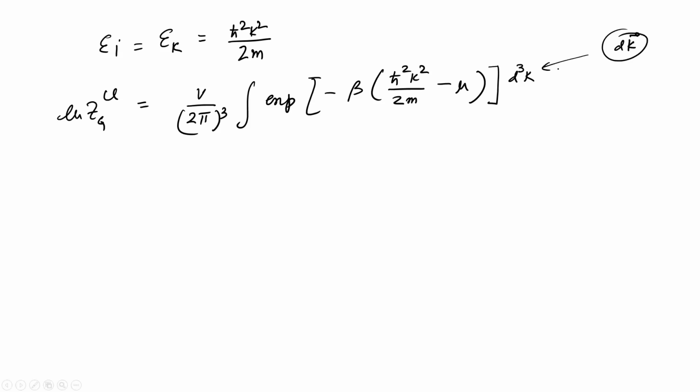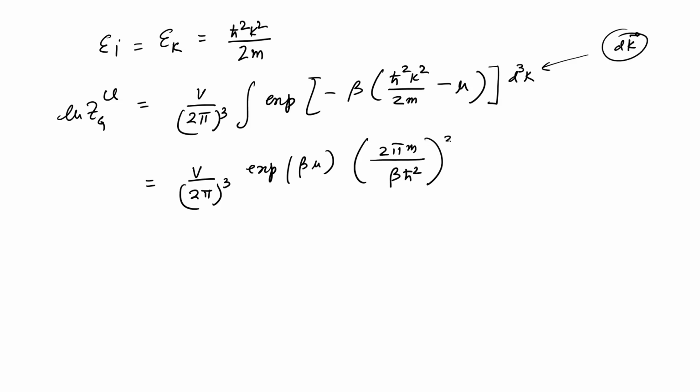Okay. So, you need to integrate over all k, and again this is a very simple Gaussian integral, and one gets it as V by 2 pi whole cube, and exponential of beta mu, and 2 pi m by beta h cross square, whole to the power 3 by 2.